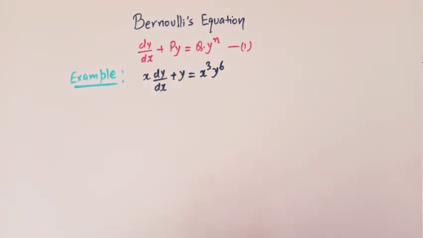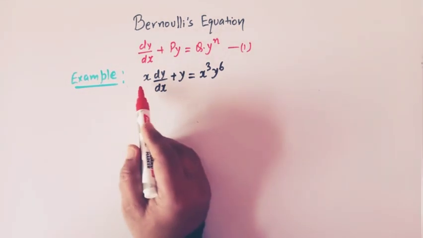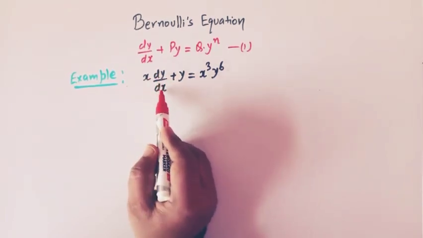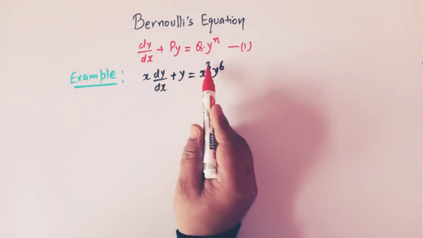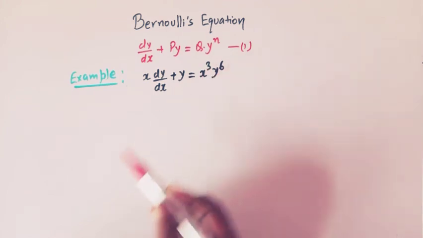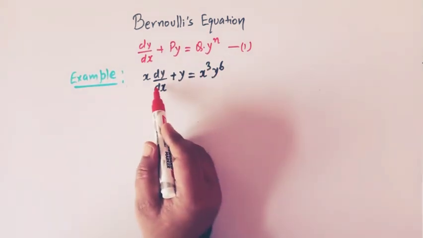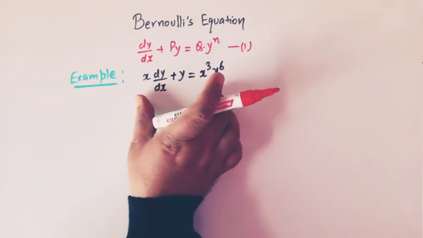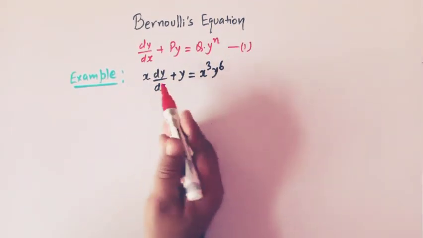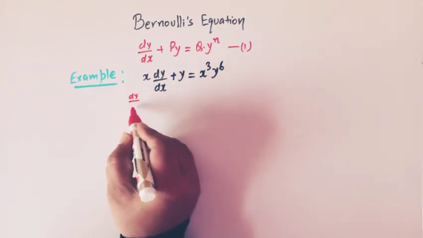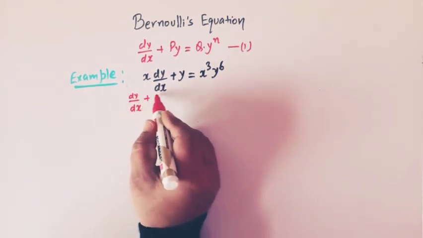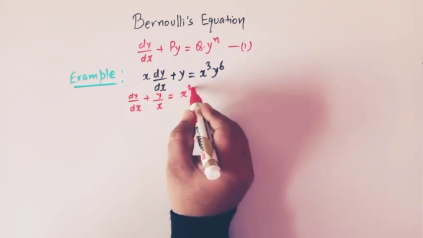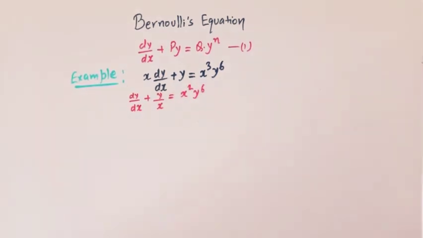Now let us solve one more problem. Here we have to solve this differential equation: x times dy over dx plus y is equal to x cubed times y raised to 6. Now let us first convert this equation into this form. So dividing both sides by x, we have dy over dx plus y over x is equal to x squared y raised to 6.